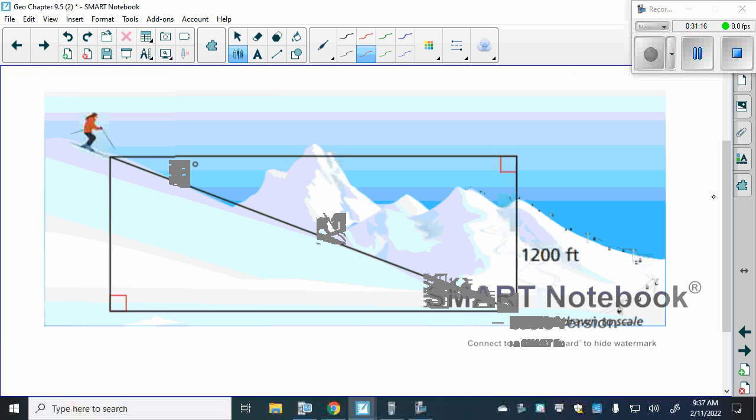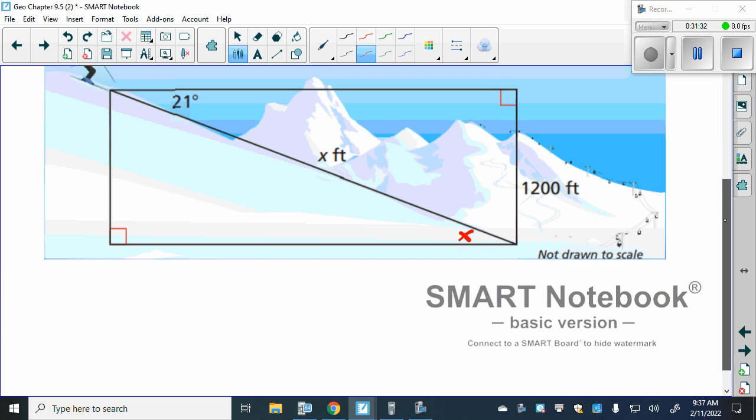So when we talk about angle of depression, it's essentially if we drew a line at eye level, going straight out, the degree from that line going down is the angle of depression. This angle right here is what we call the angle of what? Well, depression's down. We're going up, so we call it an elevation. So it's the angle of elevation.